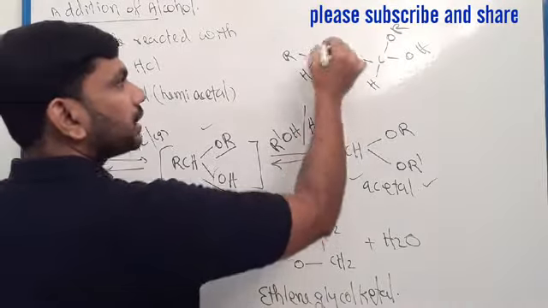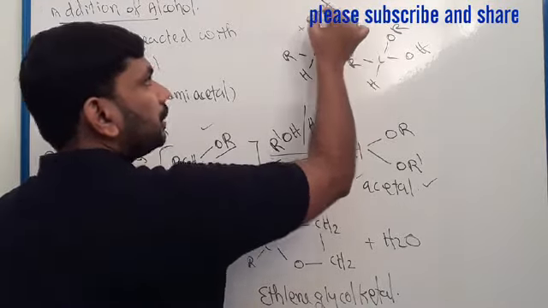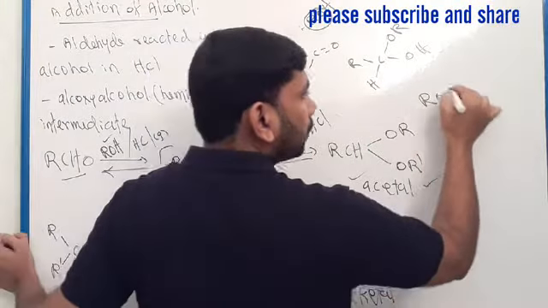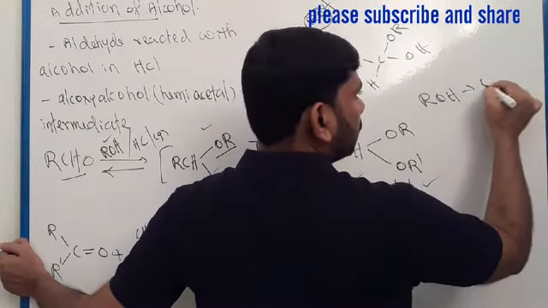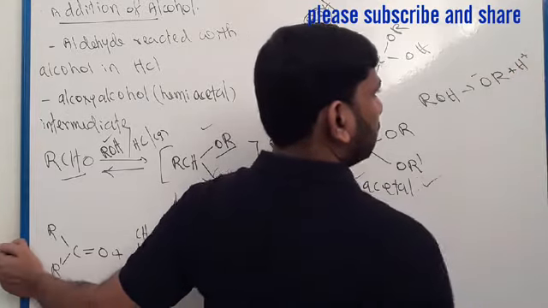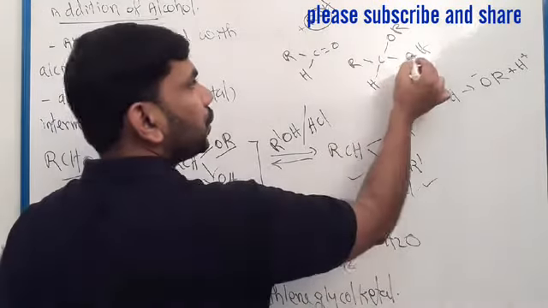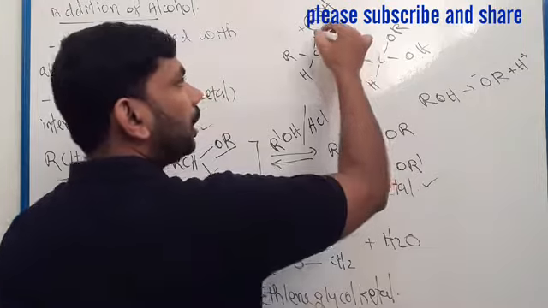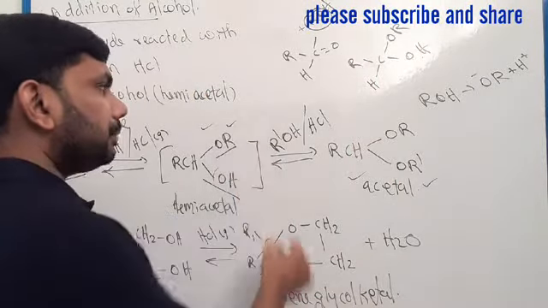When it reacts with alcohol ROH, you know ROH means OR minus plus H plus. This H plus will join with oxygen and change to OH, and the negatively charged part comes here as OR. That is the hemiacetal.